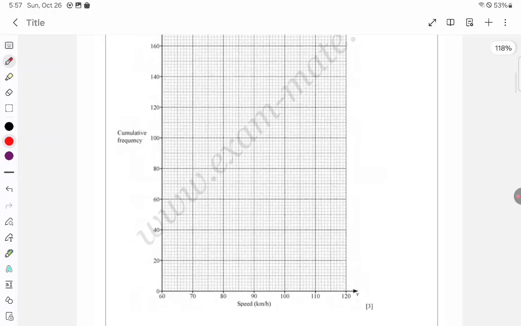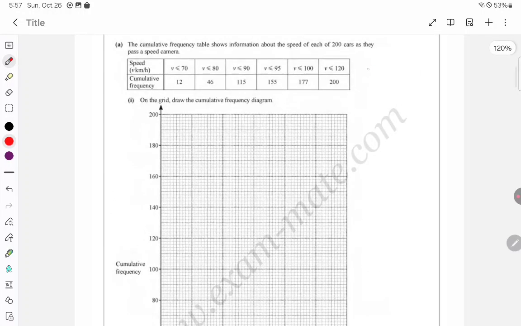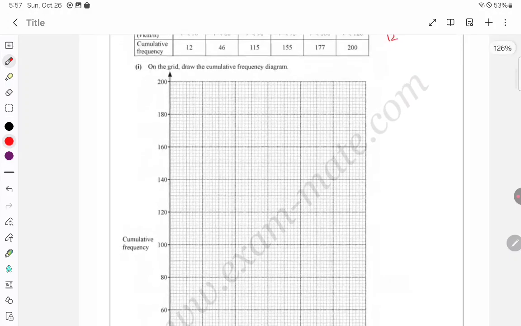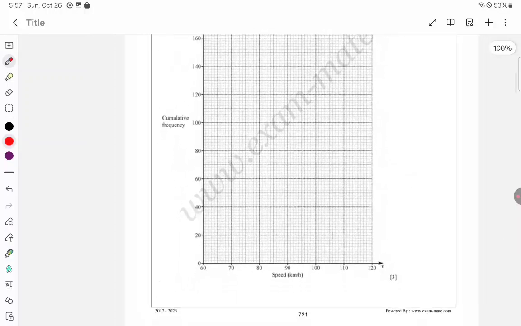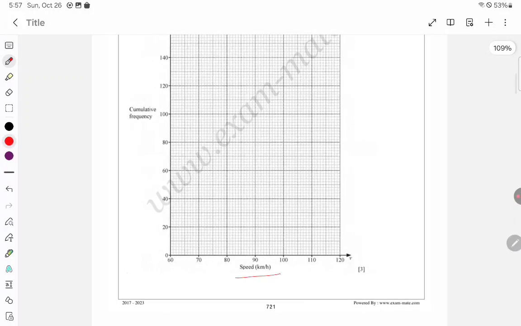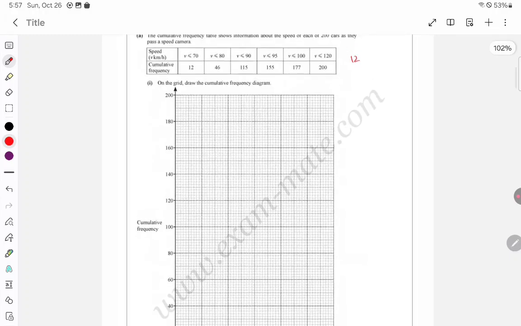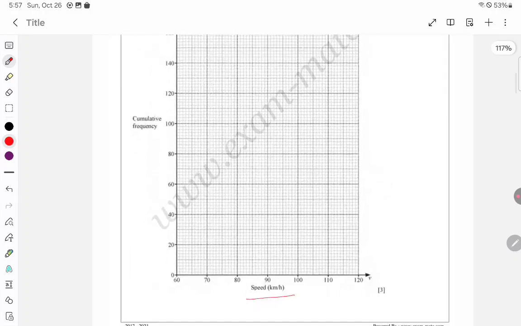Now in order to make the graph, the cumulative frequency and the speed in kilometers per hour are also given. We just have to plot them in the graph.